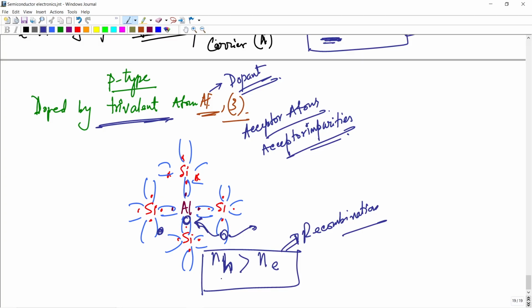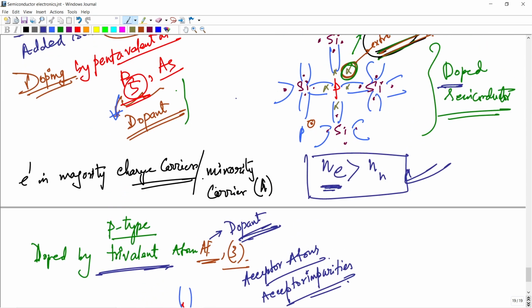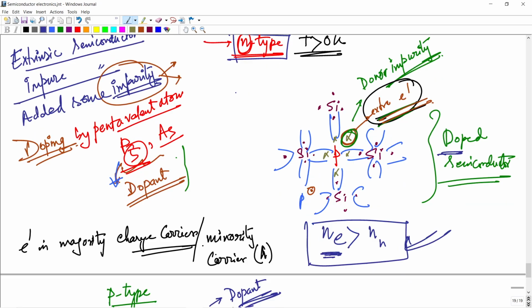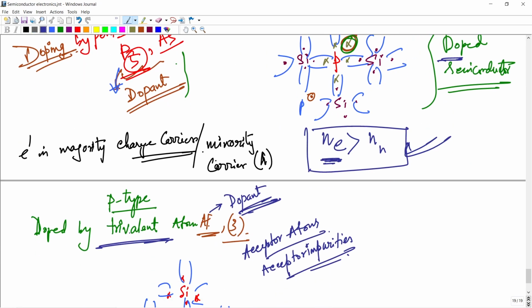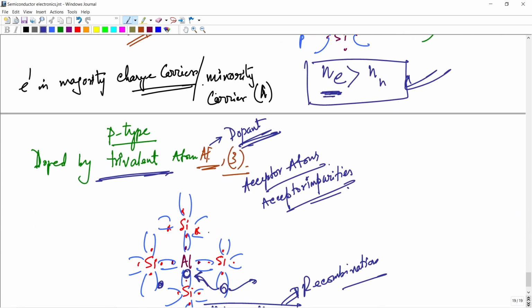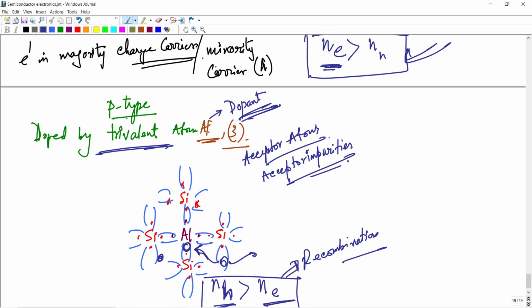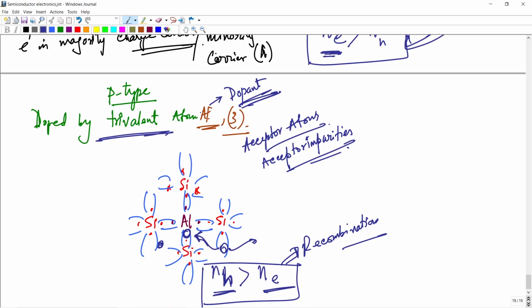In the p-type semiconductor the majority charge carrier is the hole and the minority is the electron. It is doped by a trivalent atom, and obviously these are impure semiconductors. The p-type dopant is aluminum, a trivalent atom, and we get an extra hole.